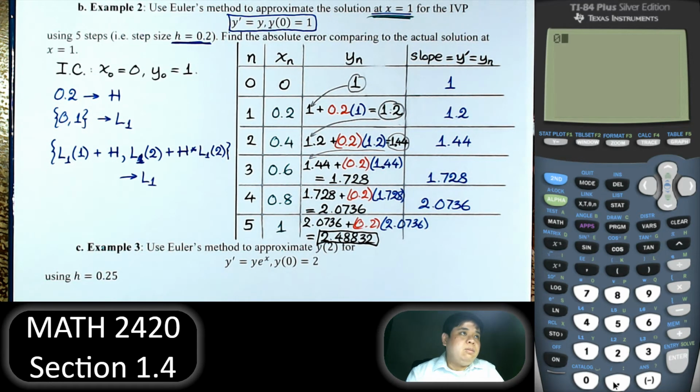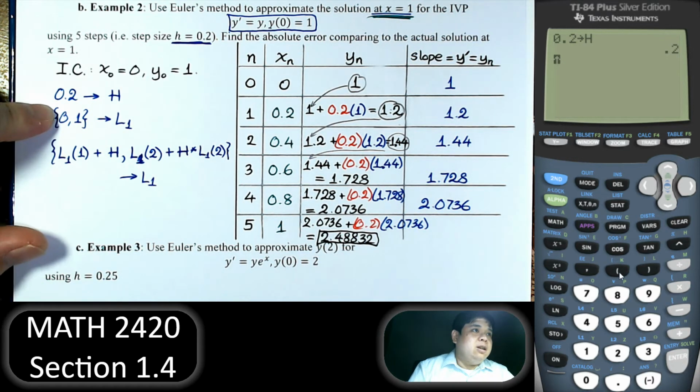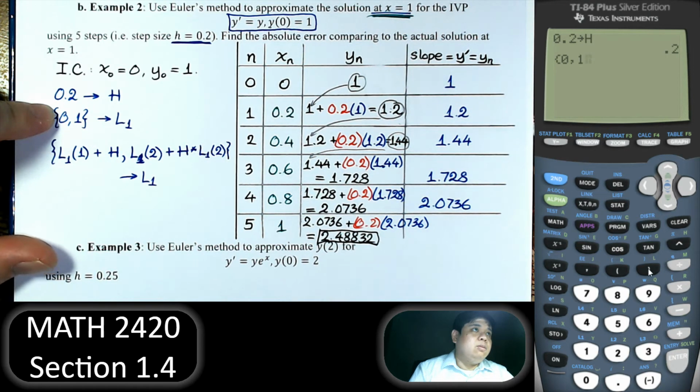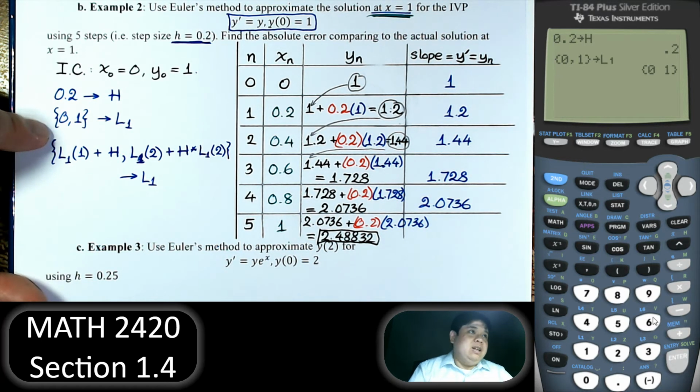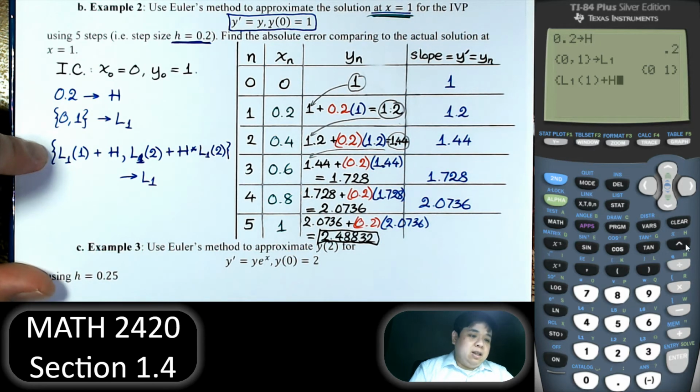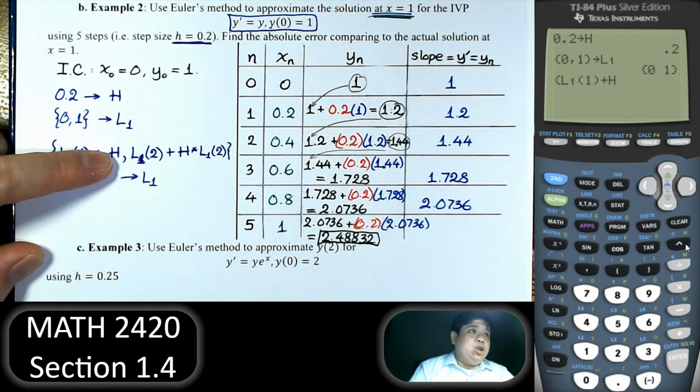So 0.2 store into H. And then next we have 0 and 1 store into list 1. And now we update the list. The first component is updated by adding H to it.